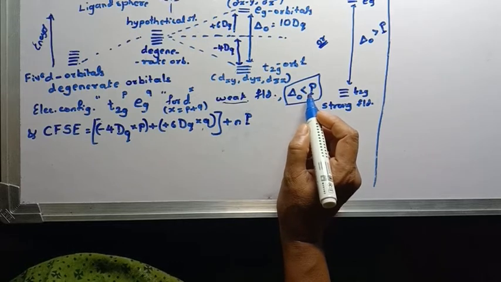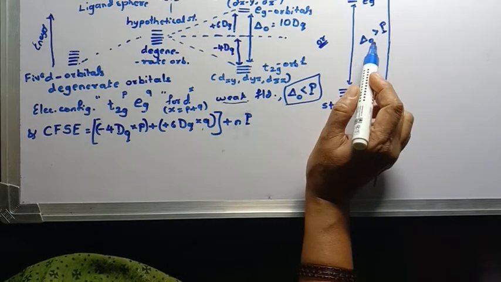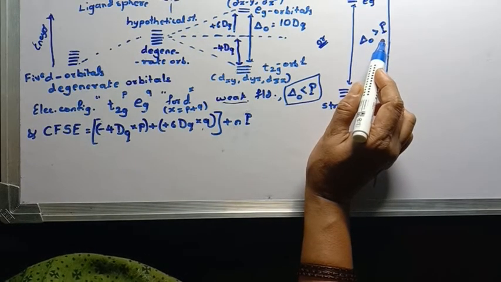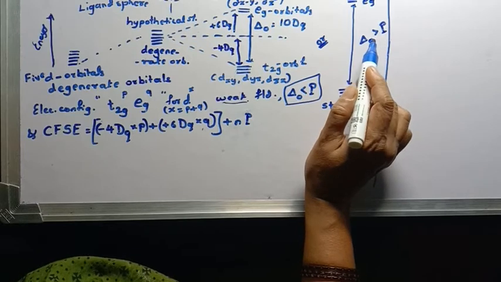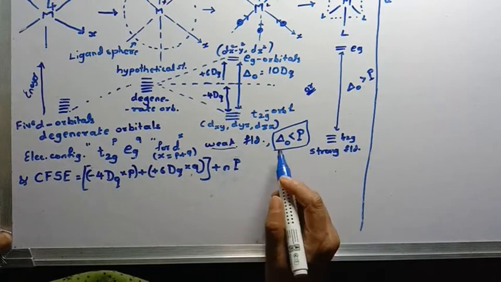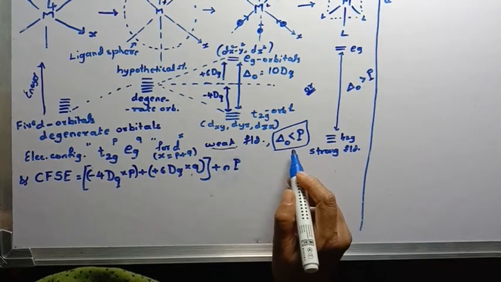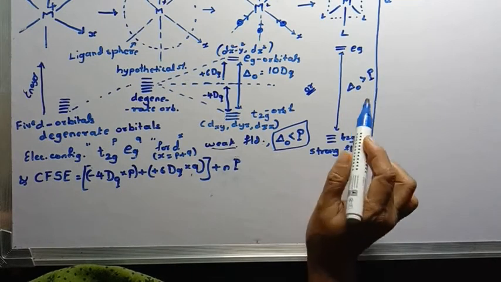If it is a strong field ligand, delta O is greater than P. This should be remembered properly during the calculation: in case of weak field, this is the relation; in case of strong field, that will be the relation.